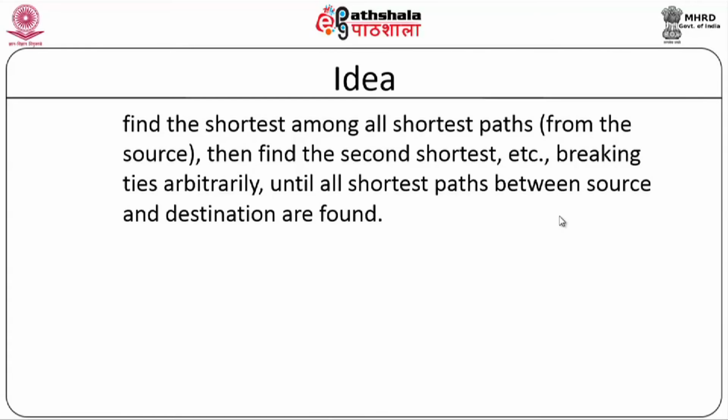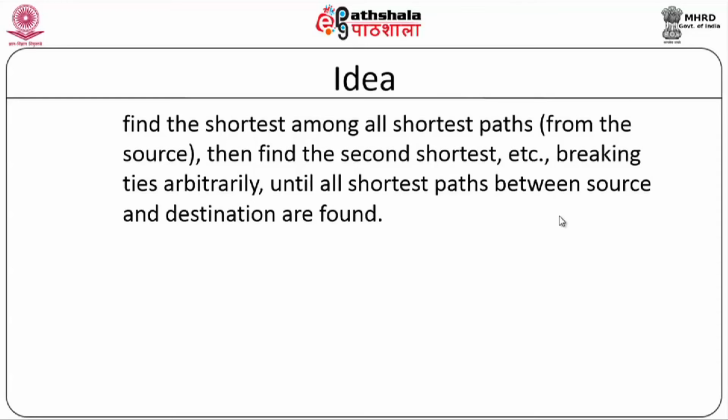Fine. What is the idea behind this? The idea is very simple: find the shortest path from the source. One is given as the source, then find the second shortest path.